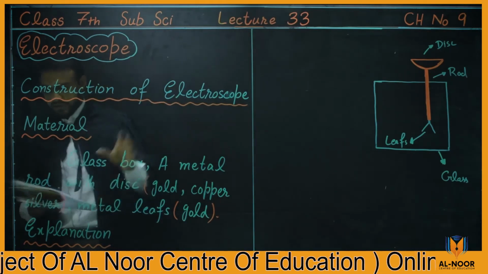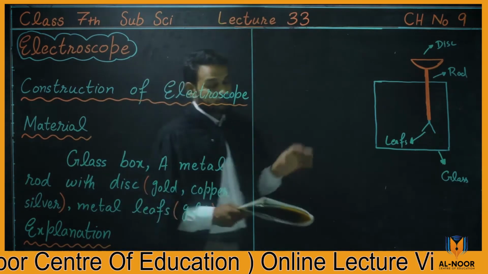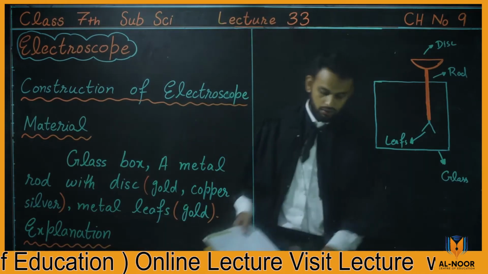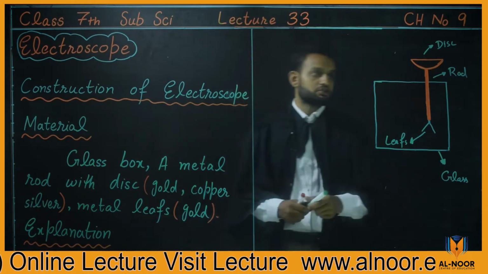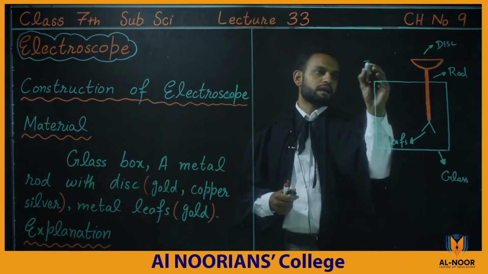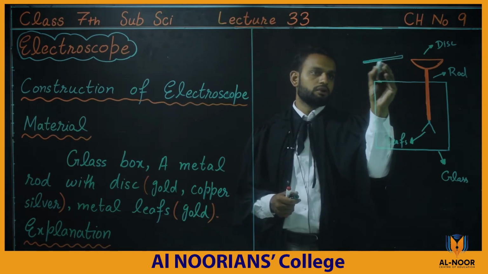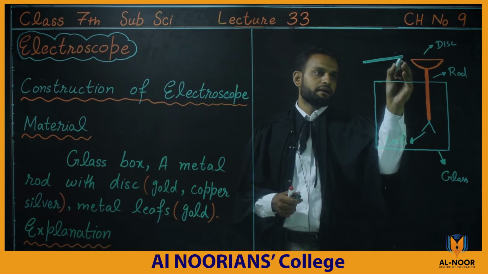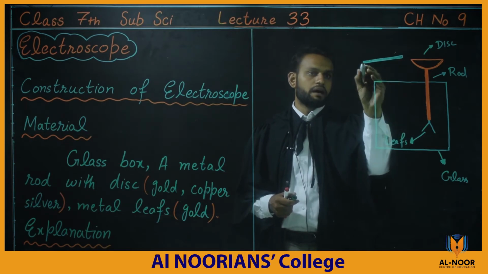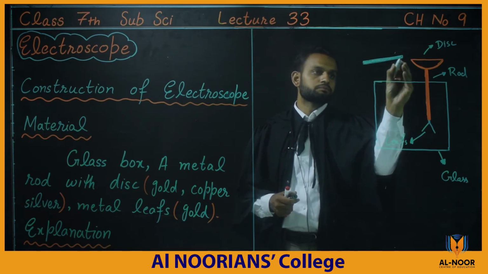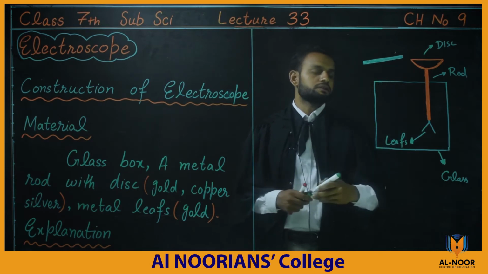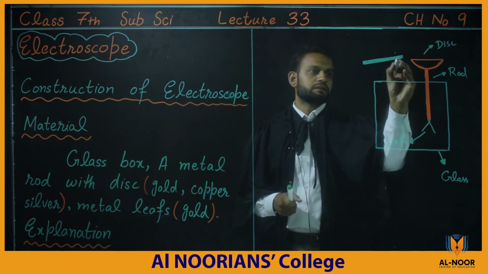When we touch the disc of electroscope with a charged body, just like an ebonite rod, you know that if we rub an ebonite rod with wool, it will get charged negative.